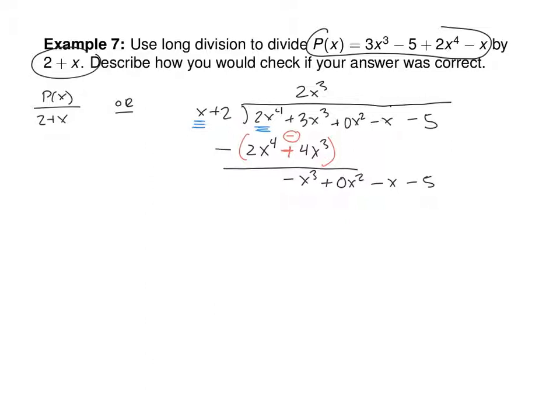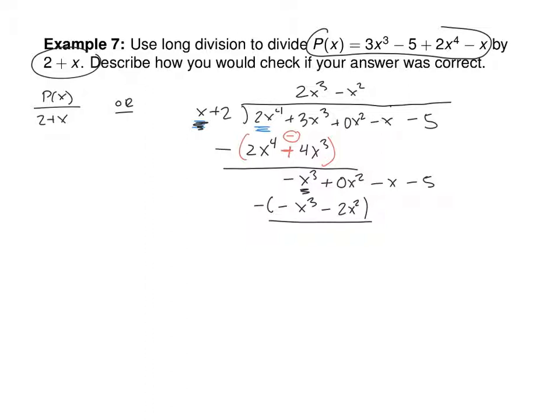Think about what you multiply this x by to make it match that negative x to the third, so when they subtract, they cancel. So what would it be? Minus x squared, yep. So that becomes minus x cubed minus 2x squared, and you take it away.